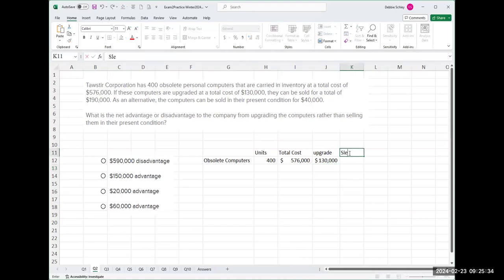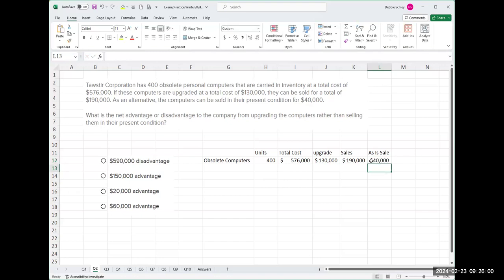Okay, so as an alternative, the computers can be sold in their present condition. So as is, sale of 40,000. Okay, so what do they want me to find out?